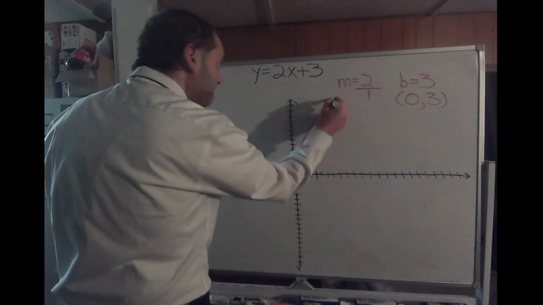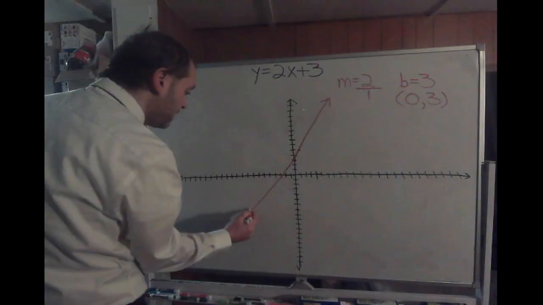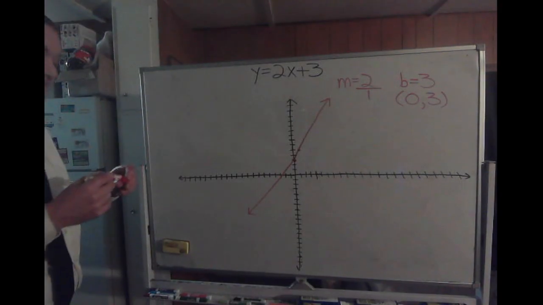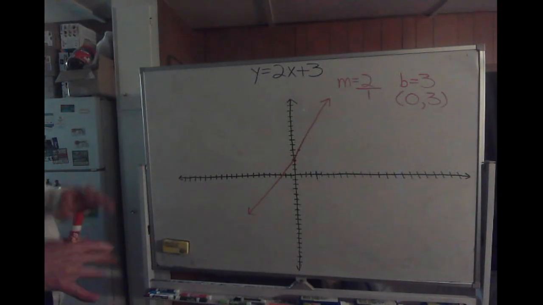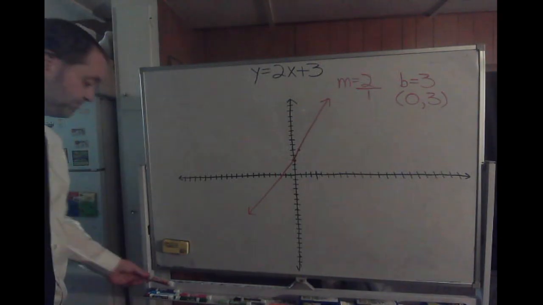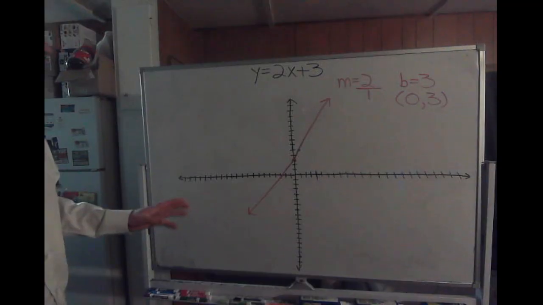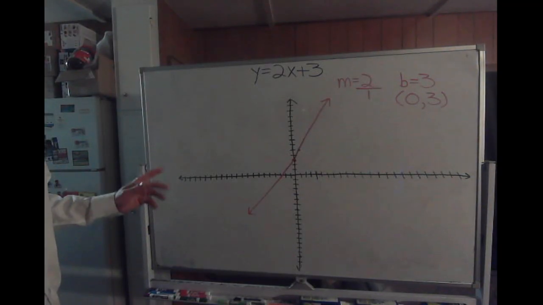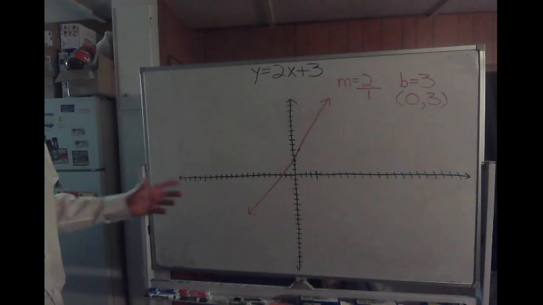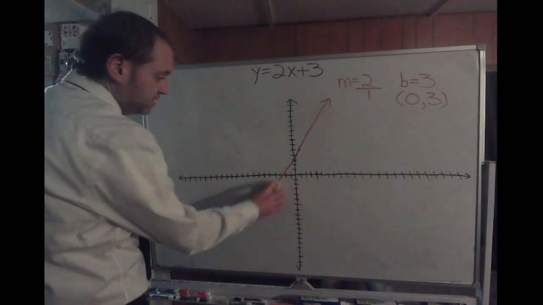Connect them. Then draw your graph. So that's roughly what the graph of y equals 2x plus 3 would look like. It's not entirely accurate because my actual x-intercept would be negative 3/2, 0, but it's roughly what it looks like.